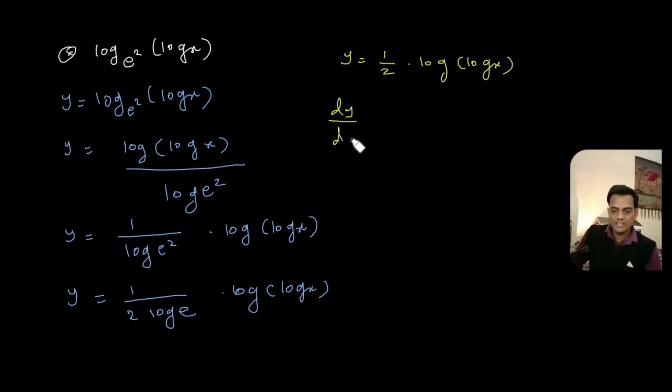So dy by dx is equal to 1 upon 2, and then the derivative of log of x.